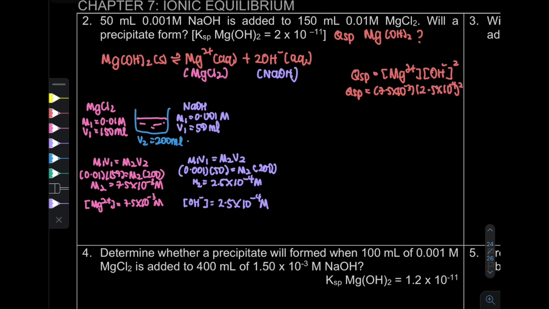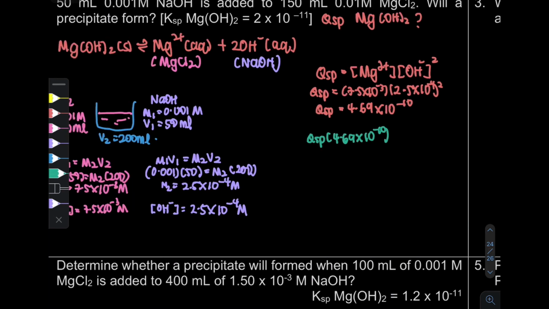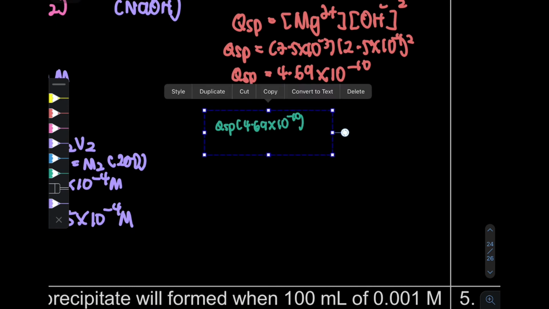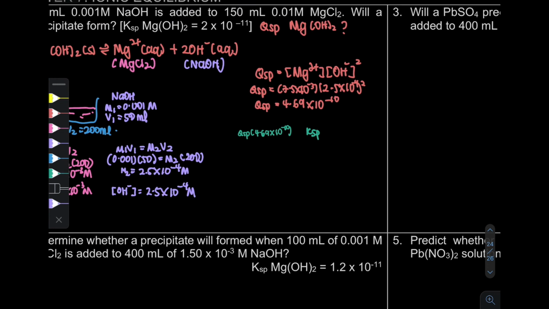Hence, we will get our QSP is equal to, okay, so we get the answer. Now what we're going to do adalah compare the QSP with KSP. Okay, so sekarang ni kita compare.